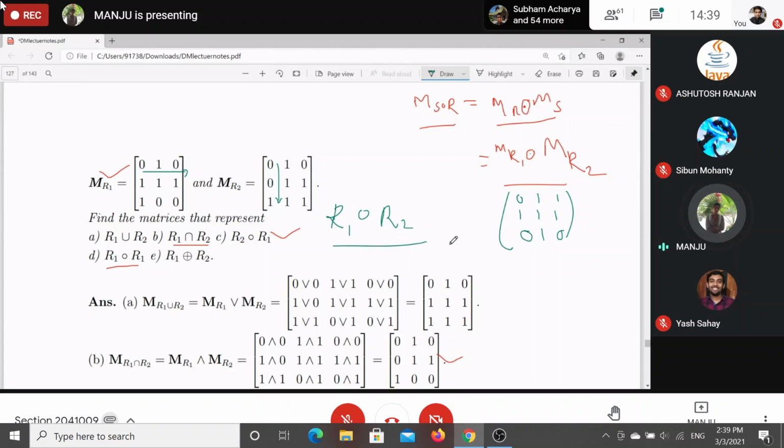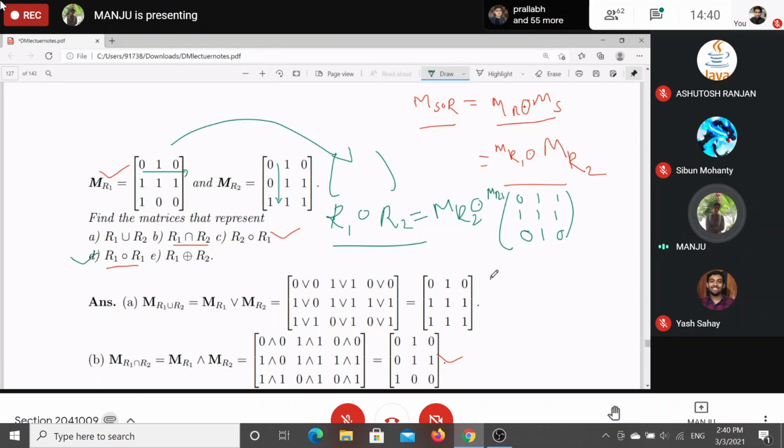R1 composition with R2 will give you this matrix, Boolean product with this matrix, right? Okay. I hope that you can calculate. Now come to the D part. Anyways, this was not given, and if it is asked, you can calculate it. This will be MR2 Boolean product with MR1. Okay.